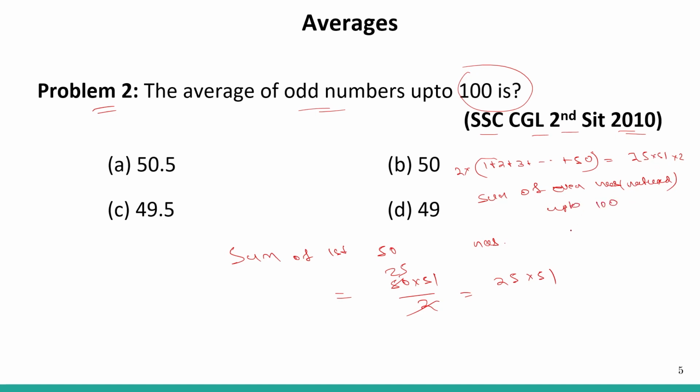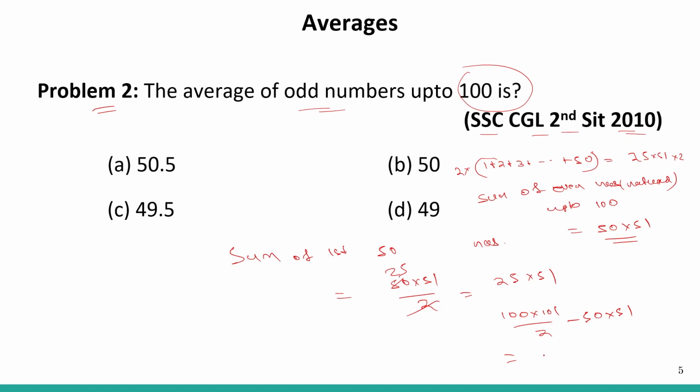This is actually equal to 25 into 2, so it will be 50 into 51. Now the cumulative sum of all numbers up to 100 is 100 into 101 by 2. So this much minus 50 into 51 is the cumulative sum of all natural odd numbers up to 100.